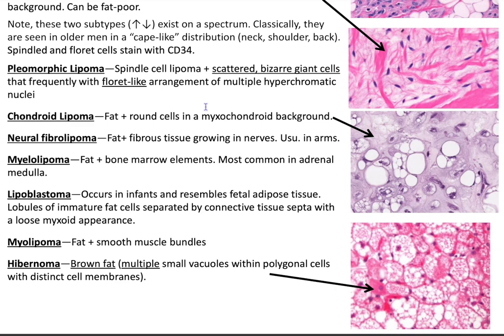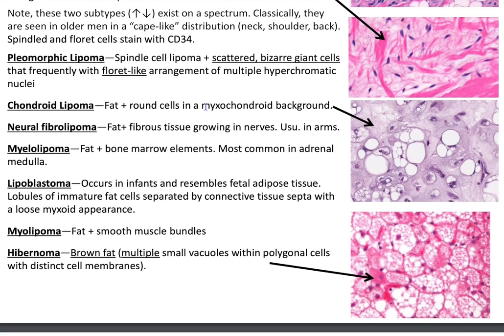But pleomorphic lipomas shouldn't have the MDM2 amplification. So when in doubt, you can always send for FISH.